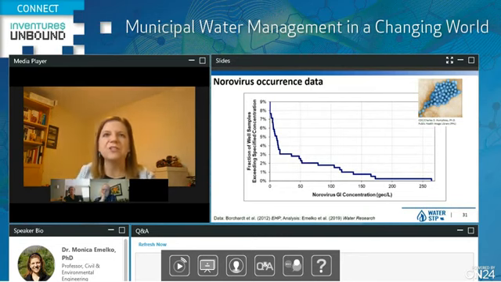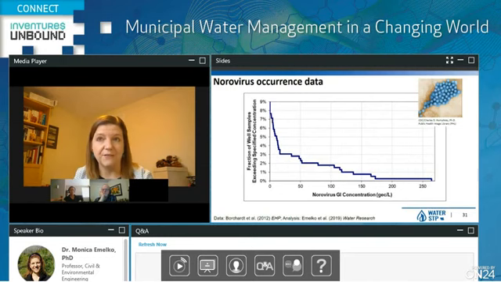And so we were using qPCR data here, and it's important to note that of 392 samples, 360 were non-detects. And so we were looking at average concentrations of 3.8 genomic equivalent copies per liter to somewhere in the vicinity of a maximum of about 294 equivalent copies per liter.